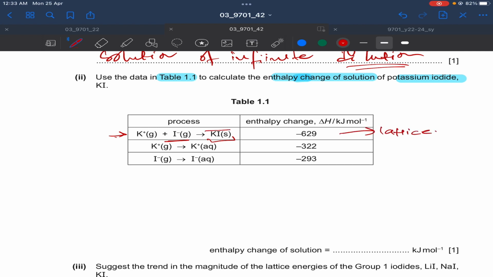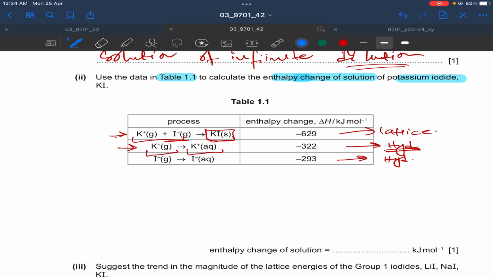Lattice enthalpy is when 1 mole of an ionic substance is formed from its gaseous ions. The other energy changes: gaseous potassium ion goes into aqueous potassium ion. So this is hydration of potassium and hydration of iodide. So we have lattice enthalpy and both the hydration enthalpies as well. The value which we have to find out is the enthalpy change of solution.